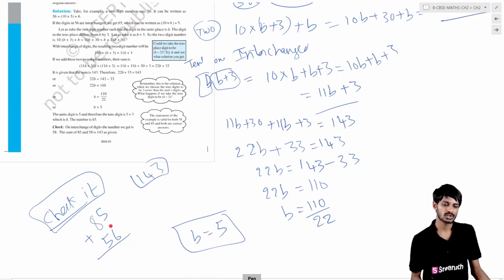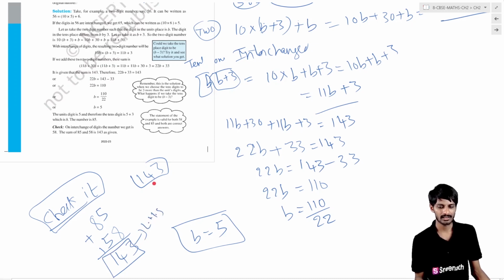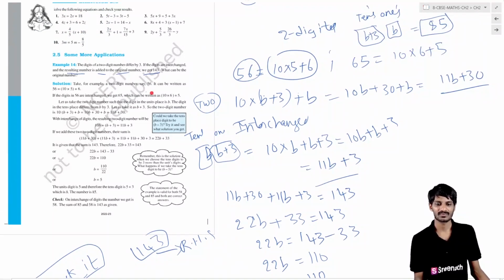So the reverse value will be 58. What he has given is that when we add these, the answer is 143. Adding them: 8 plus 5 is 13, and 8 plus 5 plus 1 carried is 14. So we get 143 on the LHS and 143 on the RHS. LHS equals RHS, so finally we have found the answer.